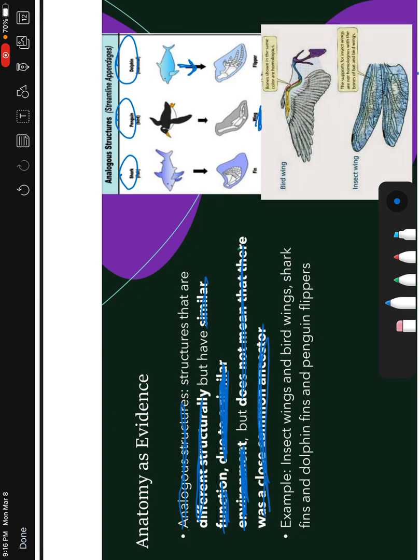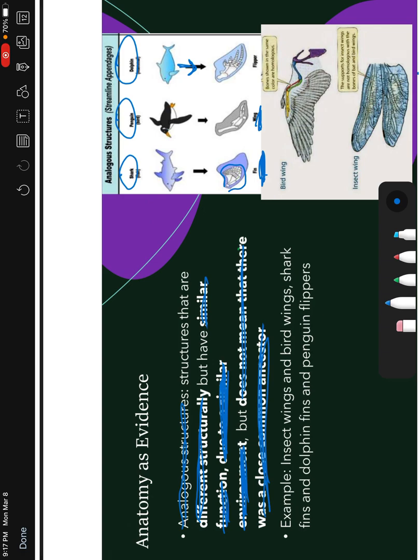The penguin is going to have a wing much similar to a bird, and the shark will have a fin that is going to be shaped kind of like a fan.